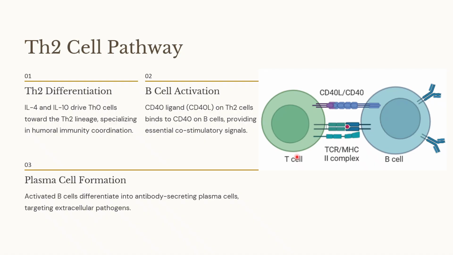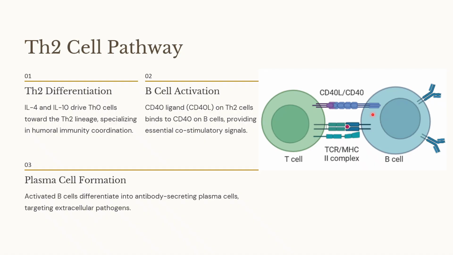In addition to this, for the B cells, there is an extra ligand activation for the B cell to be activated. What is that? There is a CD40 ligand and a CD40 receptor. The CD40 ligand is present on the T helper cells and is attached to the CD40 receptor present on the B cells, thereby providing essential co-stimulatory signals.